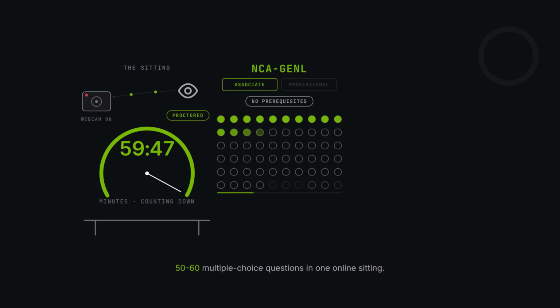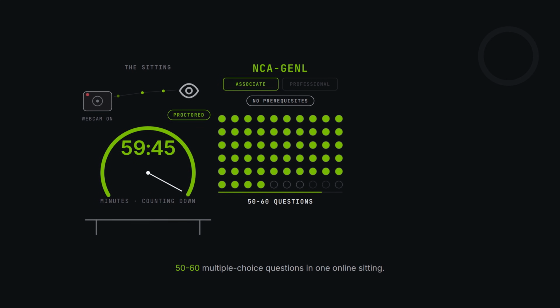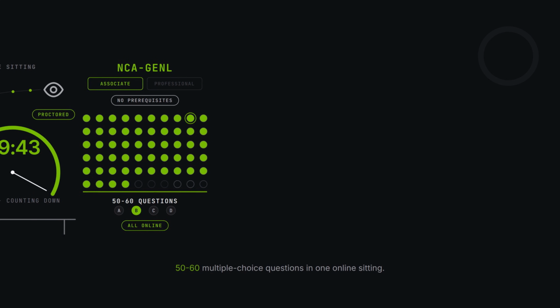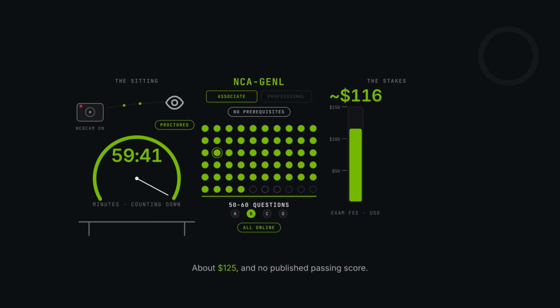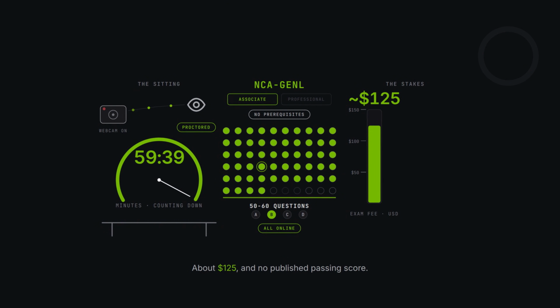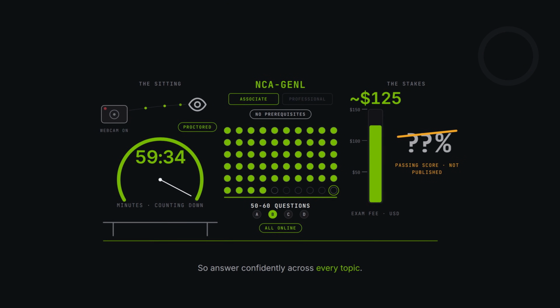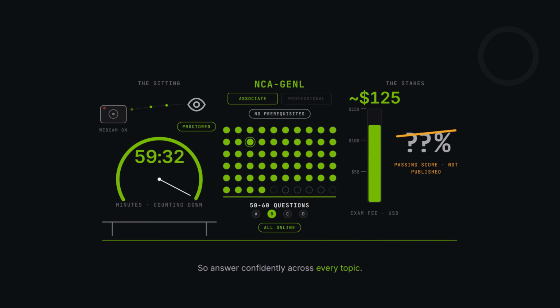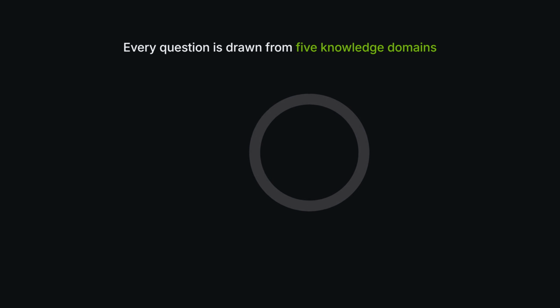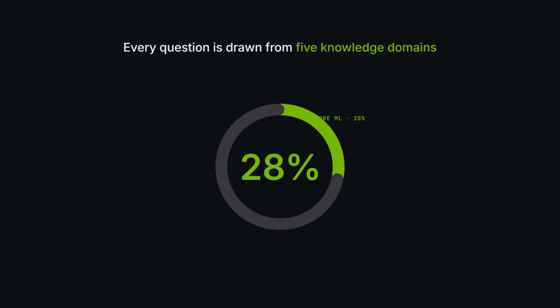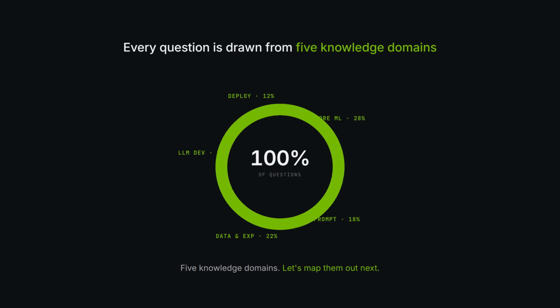In that single hour, you answer 50 to 60 multiple-choice questions, all online. It runs about $125. And NVIDIA does not publish an official passing score, so your job is simply to answer confidently across every topic. Every question is drawn from 5 knowledge domains, from core model fundamentals to trustworthy deployment. Let's map those 5 out next.